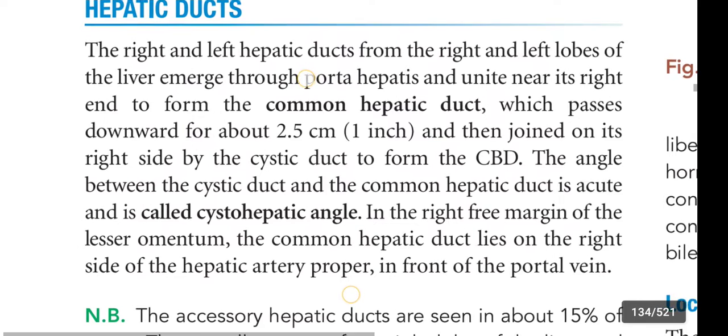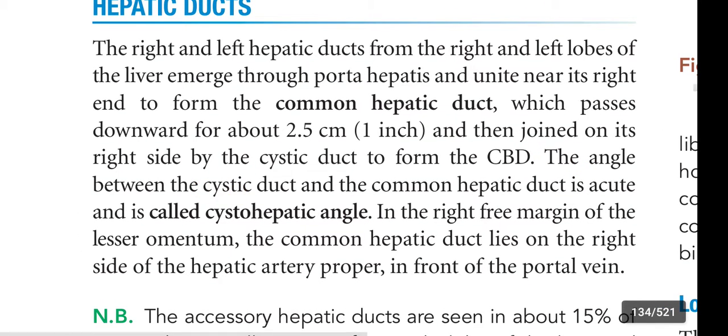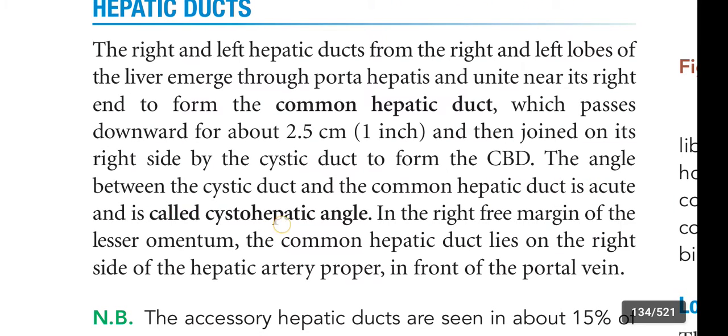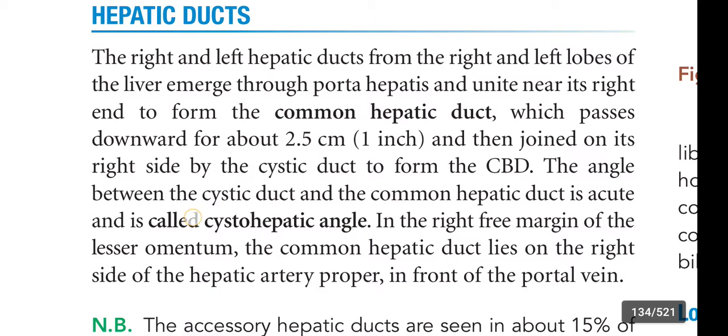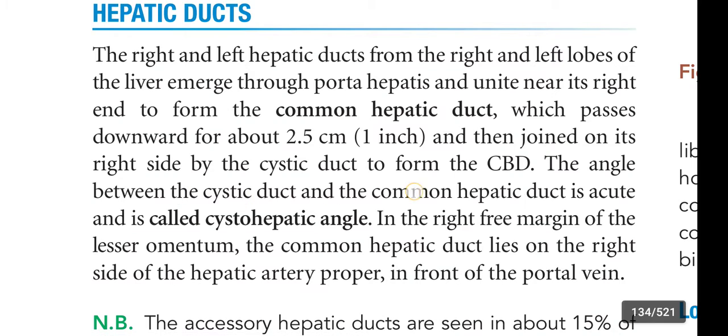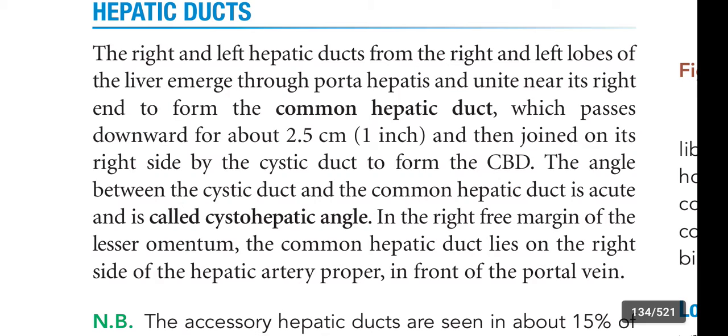See this point, guys. The angle between the cystic duct and common hepatic duct is acute and is called the cystohepatic angle. If you see my previous videos, you may get this point.